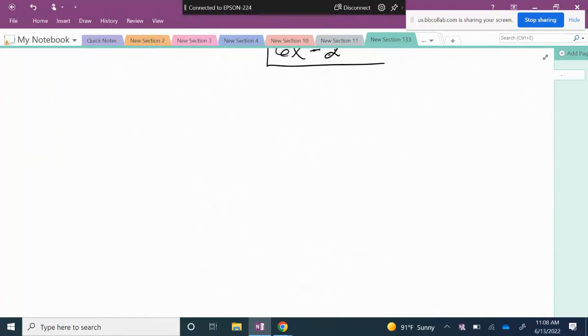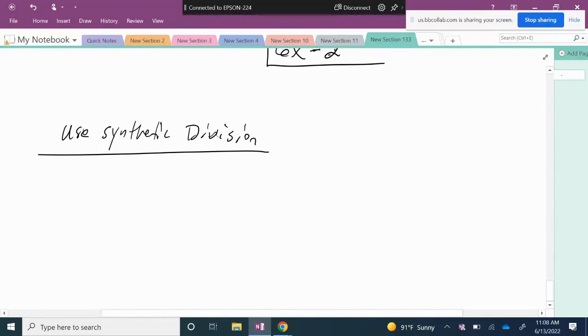Okay, here's one. This is similar to number 6. Use synthetic division. X to the 4th minus 15 divided by x plus 2.